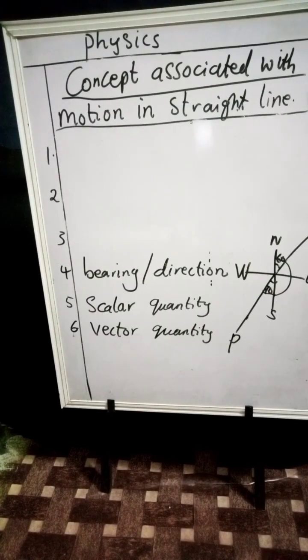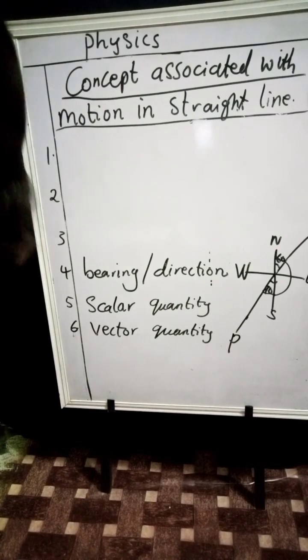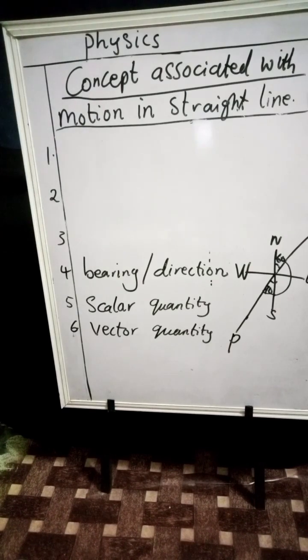Scalar quantity. A scalar quantity is a quantity that has only magnitude. It can be specified by only the number and the units. It has only magnitude, it has no direction. Examples of scalar quantities are energy and temperature. A vector quantity is a quantity that has both magnitude and direction.